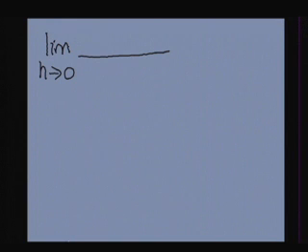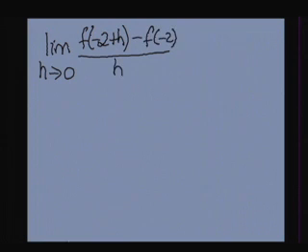In other words, the slope is the limit as h goes to 0 of f of negative 2 plus h minus f of negative 2 over h, since we were given the value x equals negative 2.